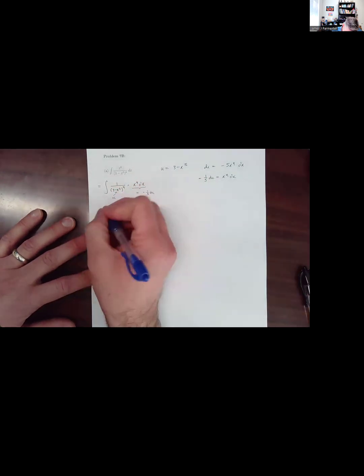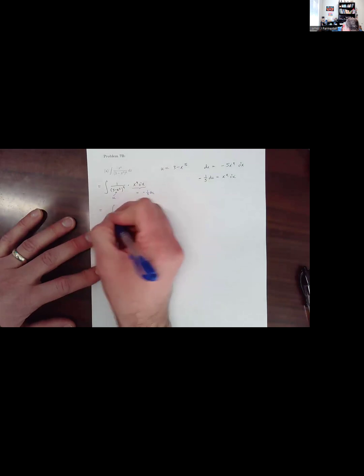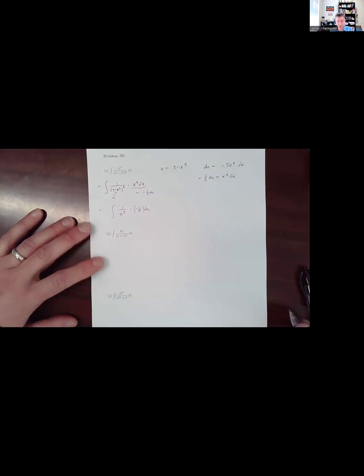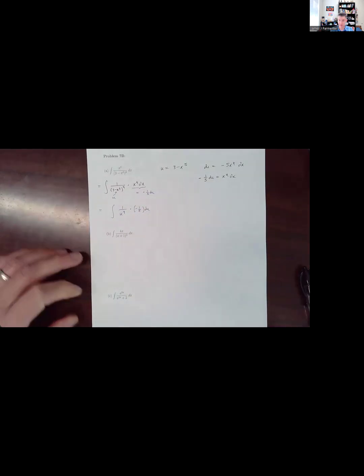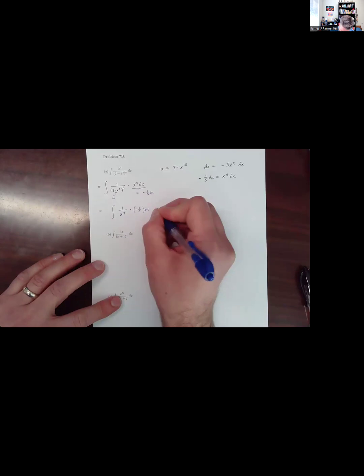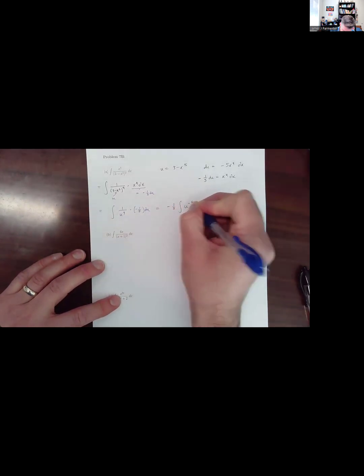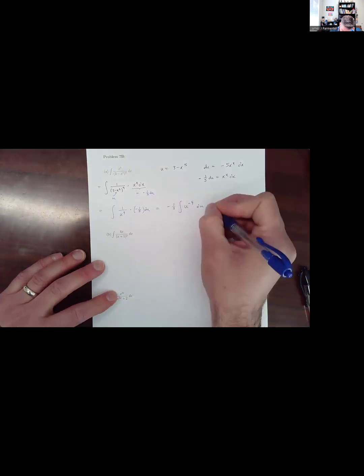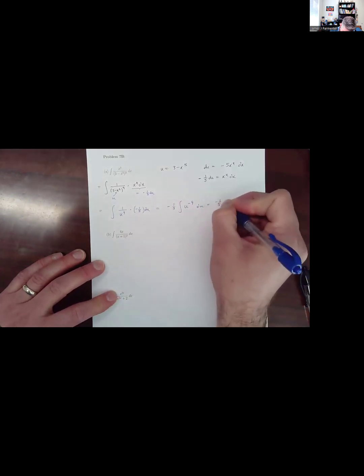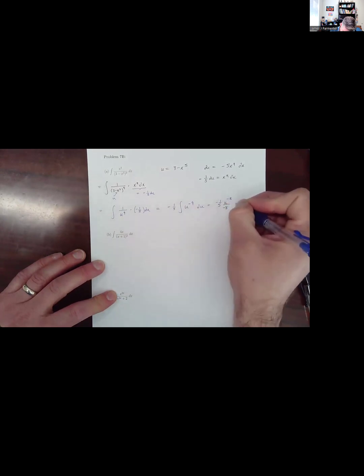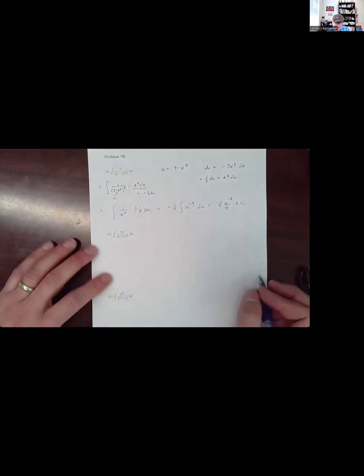So this integral is going to become the integral of 1 over u to the 9th times negative 1/5 du. I would normally just bring that negative 1/5 out in front from the get-go. So I would rewrite this as negative 1/5 integral of u to the negative 9th. That's going to be negative 1/5 u to the negative 8 divided by negative 8 plus c.